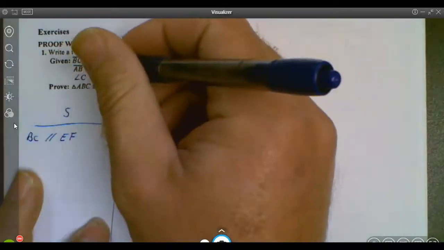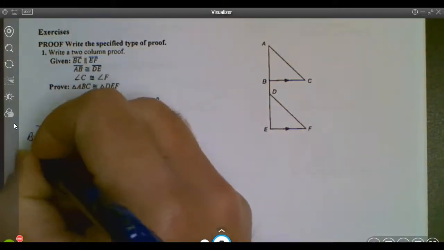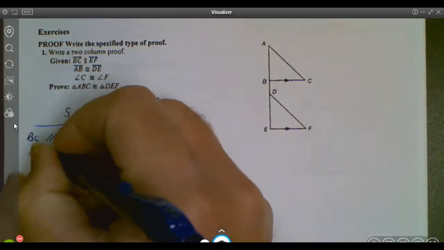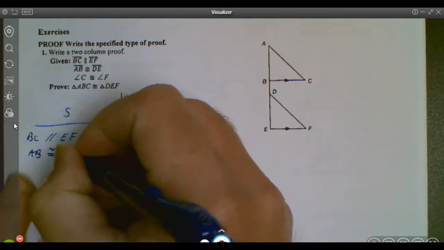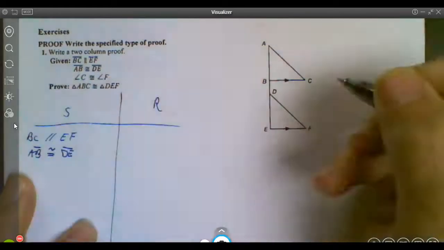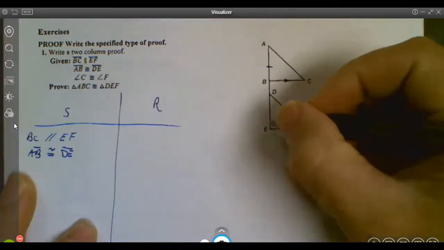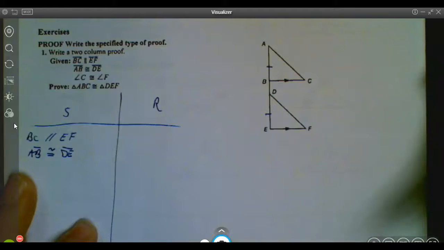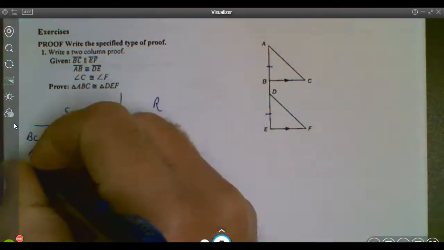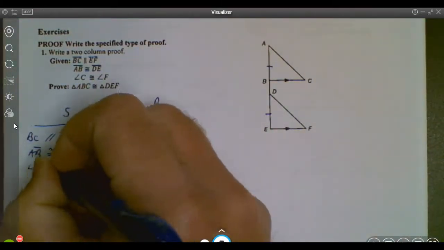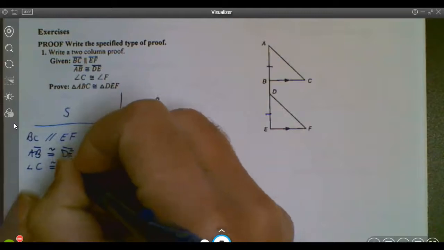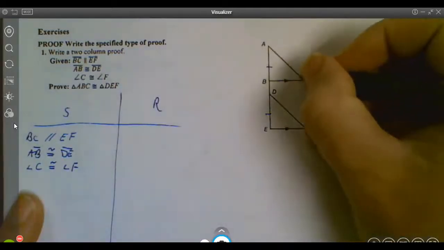And AB is congruent to DE, which we definitely want to mark in our diagram. And angle C is congruent to angle F, which we also want to mark in our diagram.